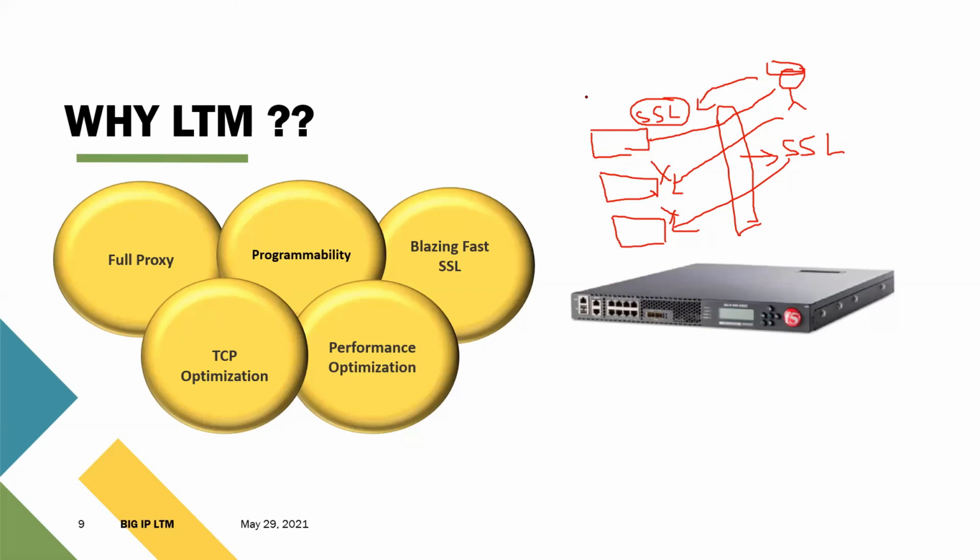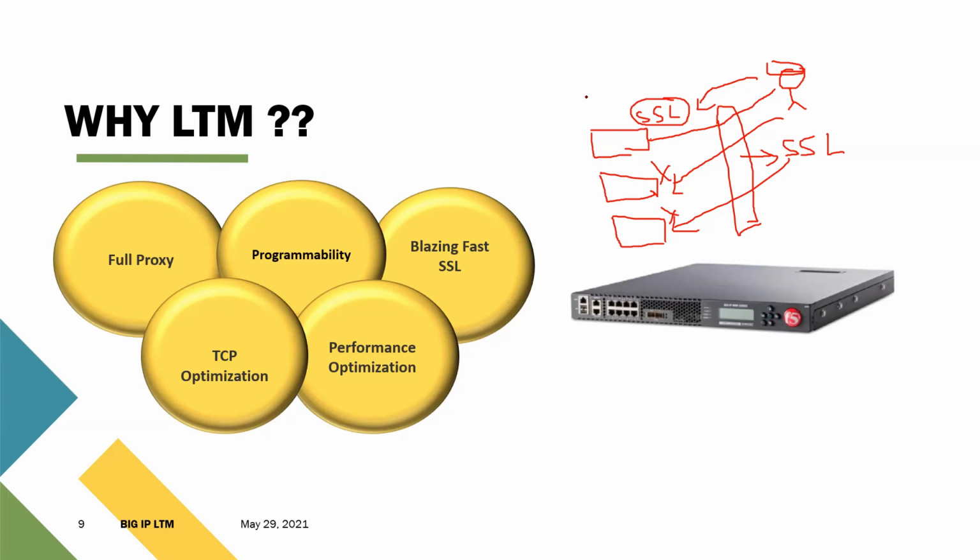The second option is that you have your user communicate with the server directly. That traffic will certainly go through the LTM, but the SSL negotiation will only happen between your user and the server.